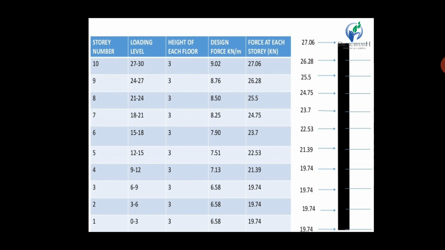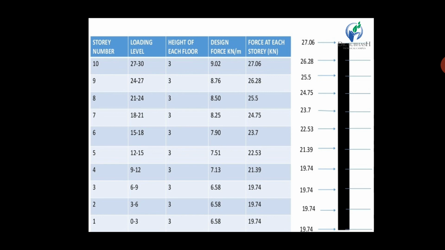Make a table with the story number, starting in descending order, meaning story 10, 9, 8 down to 1. The loading level, meaning our 3 meter story levels, are given: 27 to 30, likewise 27 to 24, down to 3 to 0. The story height is uniform, so you can see in our third column it is 3 meter. Then you should calculate the design force.